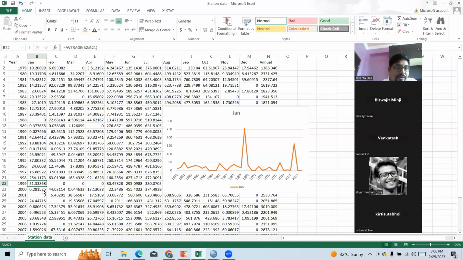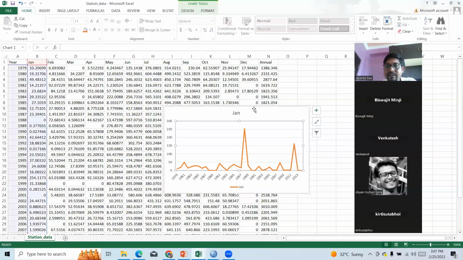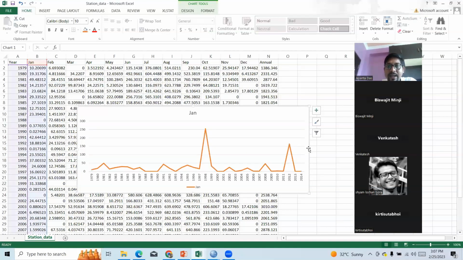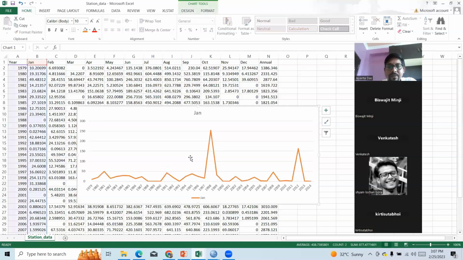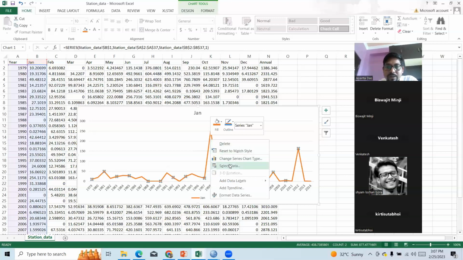So this is January month, x-axis and y-axis. If we draw any trend line, instead of January, if we considered monsoon month, then it will be much better. So let's change it.